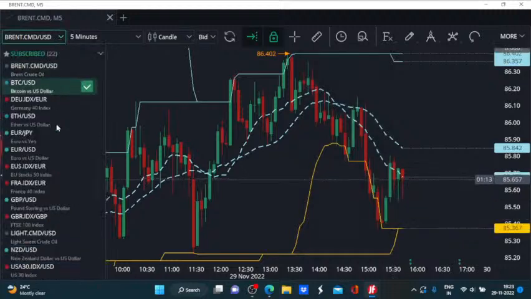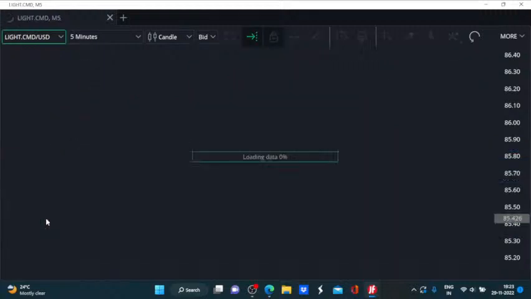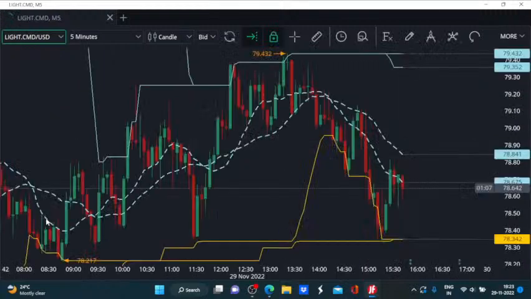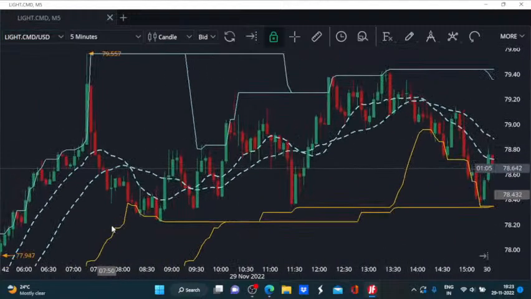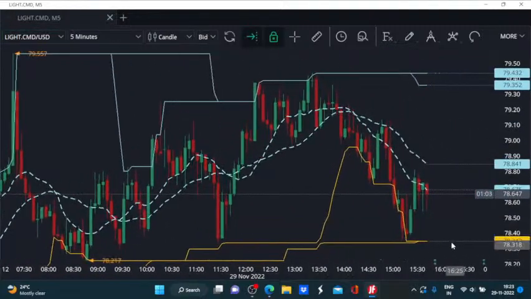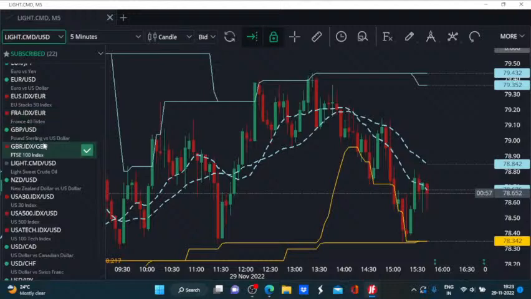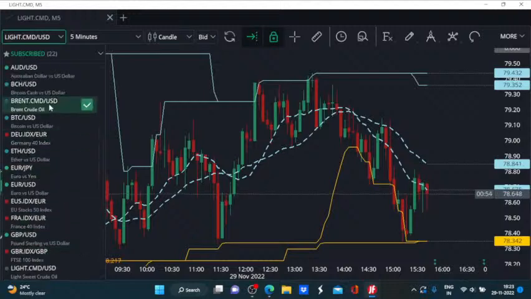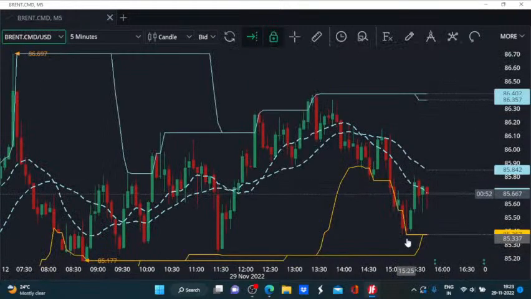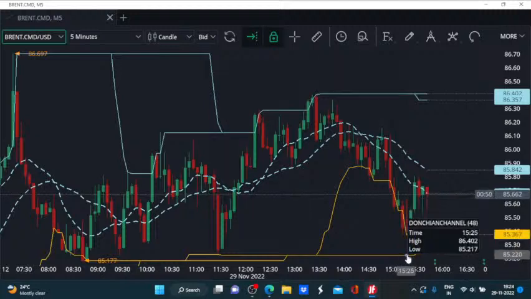And whether we should be going long in the Brent or we should be taking a look at the light crude, for that we will have to see the formation of the highs and lows. This low for the light crude came in quite close to the 4-hourly low. And if we look at the formation for the Brent, it is somewhat higher compared to this 4-hourly low.